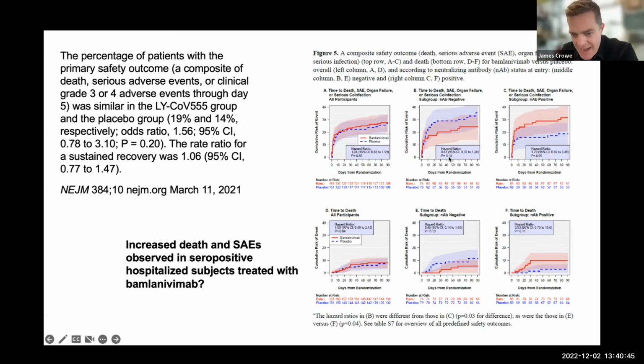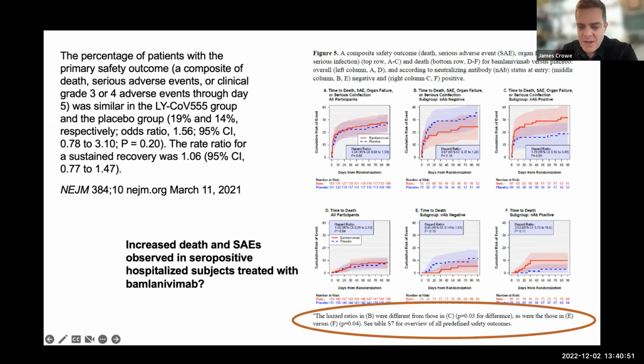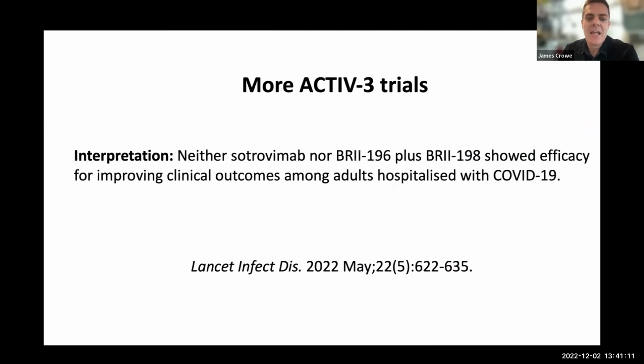Now the p-values here are 0.18 and 0.11, so they're not significant. But if you compare the hazard ratios with and without antibody, they're different. So I'm raising the question: were there increased deaths and SAEs in seropositive patients who were treated with BAM? That was an antibody that had a wild type Fc.